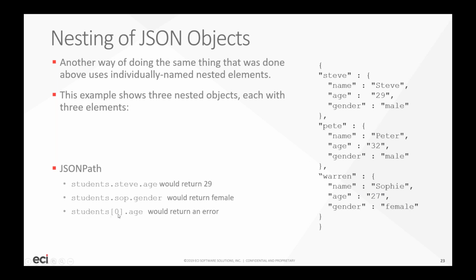And for students with the first index, or the 0 position, well, it's not an array, it's a nested list, and therefore we would actually get an error in this case. So those are some examples again of this JSON and JSON path.